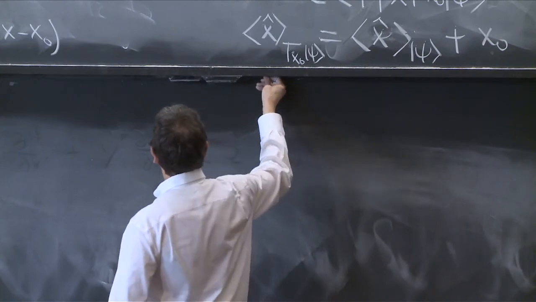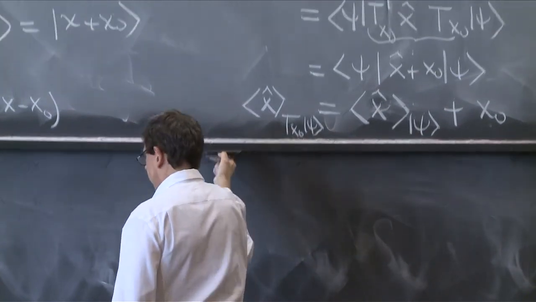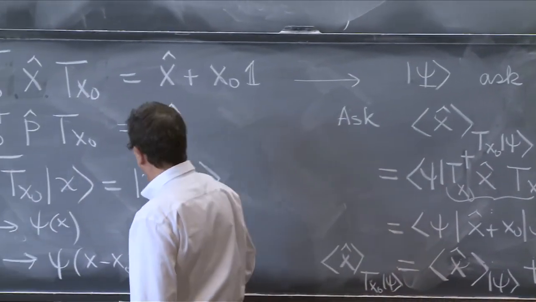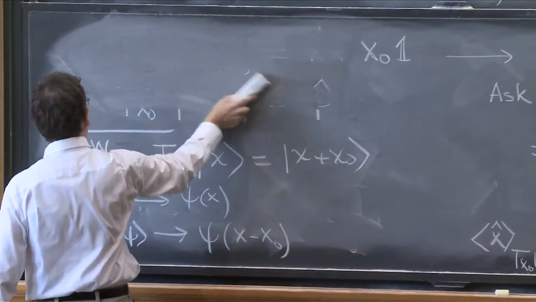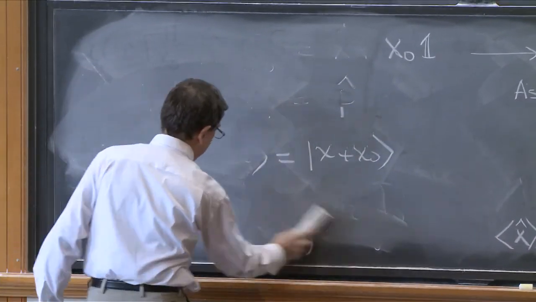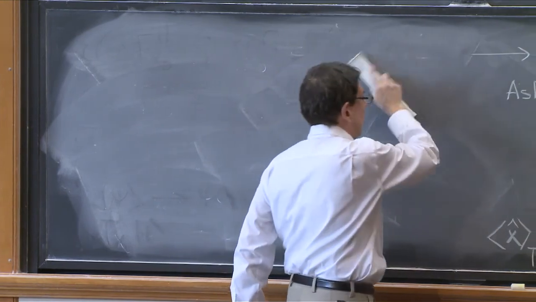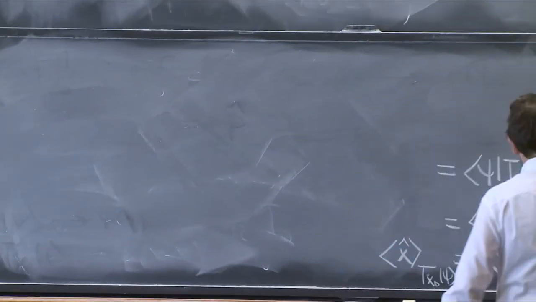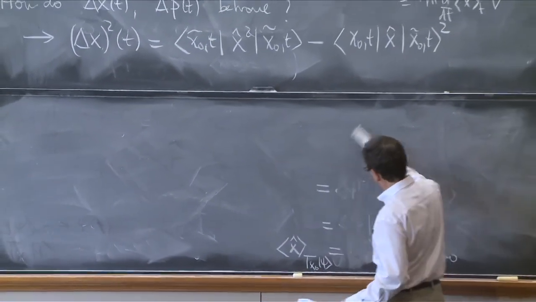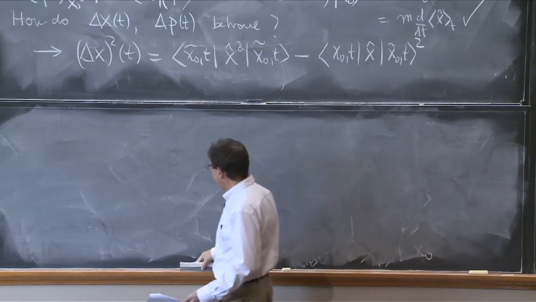I wrote what the definition of the uncertainty squared is: the expectation value of the operator squared minus the square of the expectation value of the operator. And of course, everything is going to turn Heisenberg immediately.